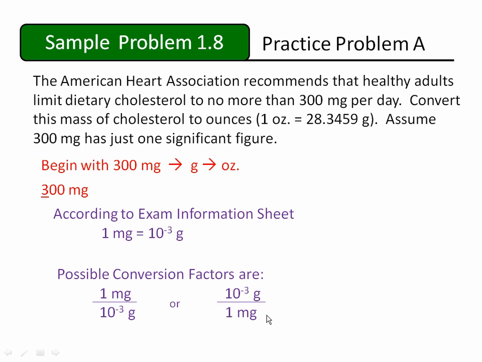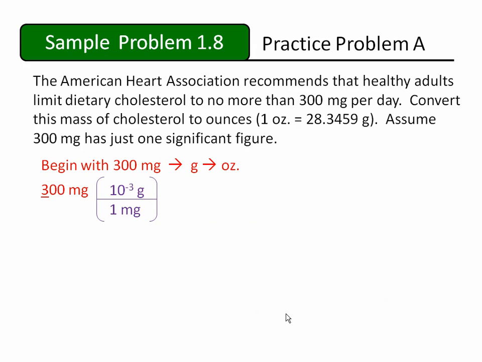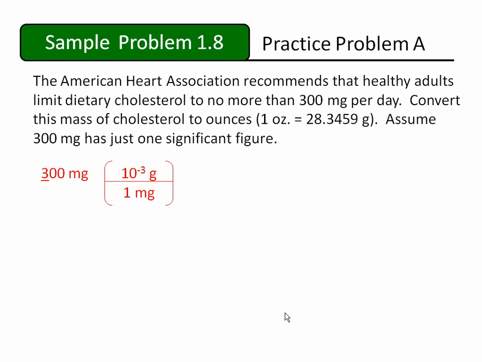Our goal was to cancel milligrams at this point, so we'll use the second fraction as our conversion factor. Let's move that into place. At this point, our milligram unit cancels, and the unit that remains is grams.